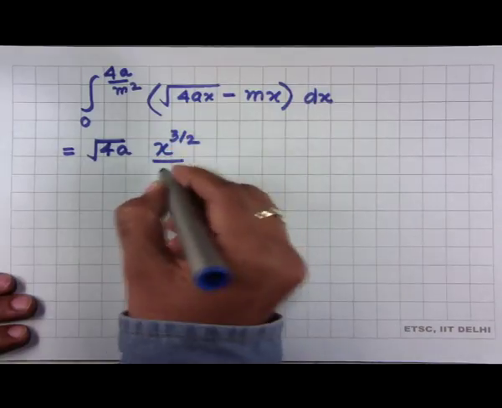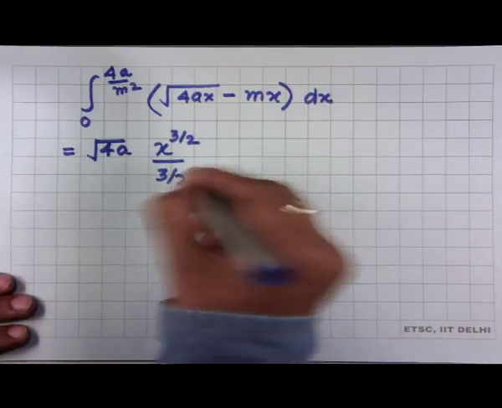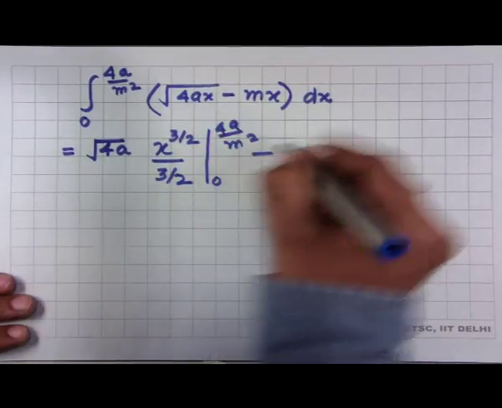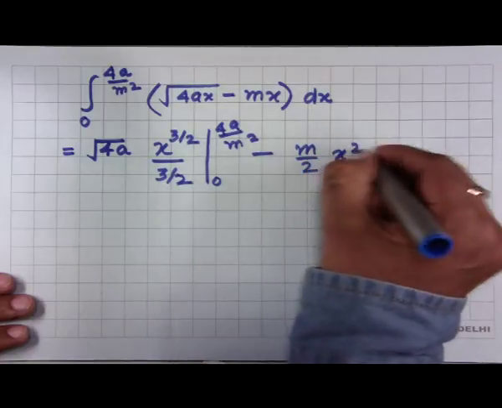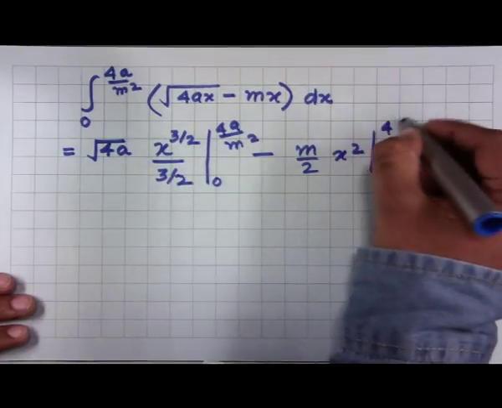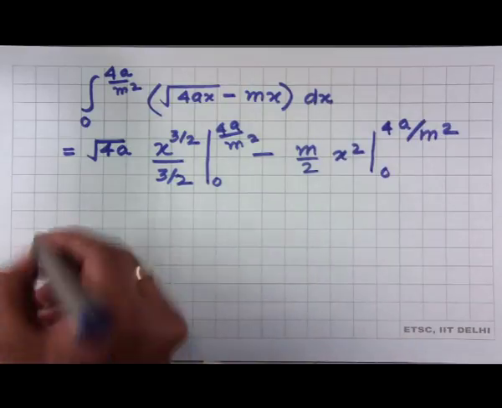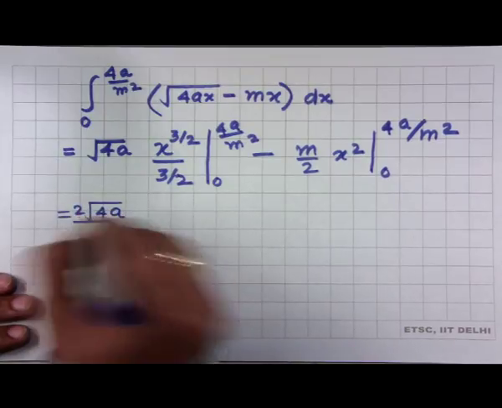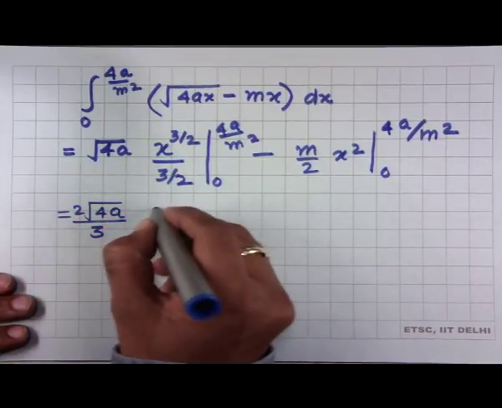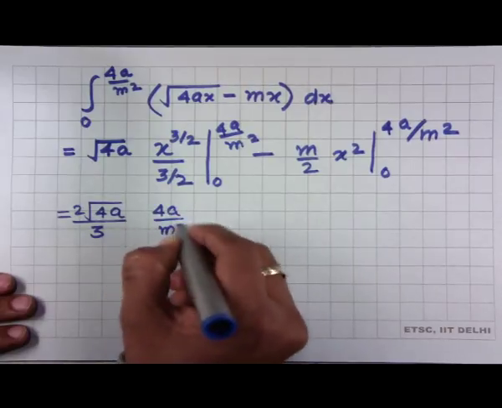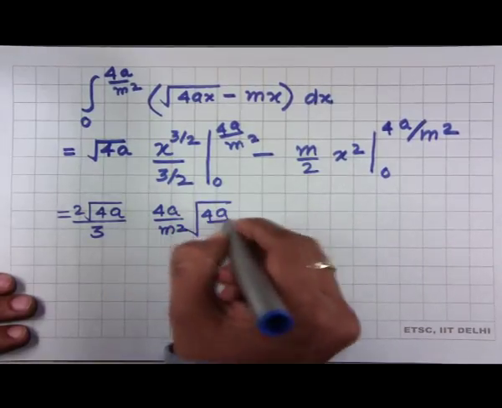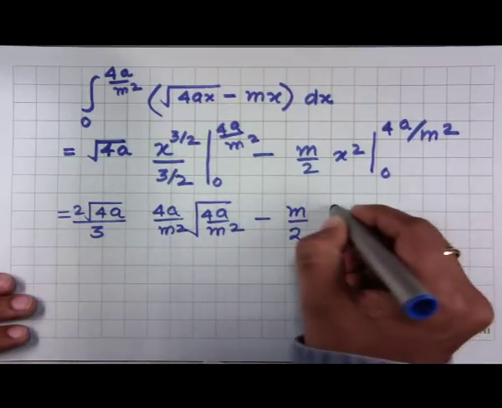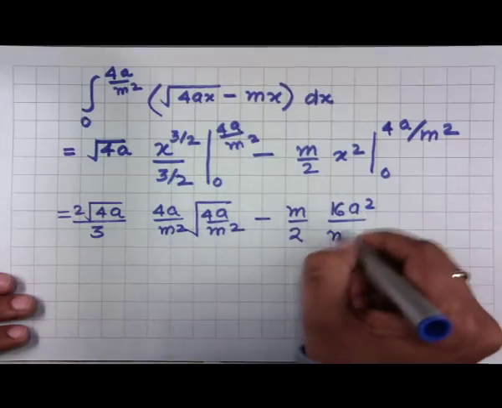So, you get this from 0 to 4a by m square, minus m by 2 x square from 0 to 4a by m square. You get 2 by 3, 4a by m square under root 4a by m square, minus m by 2 into 16a square by m to the power 4.